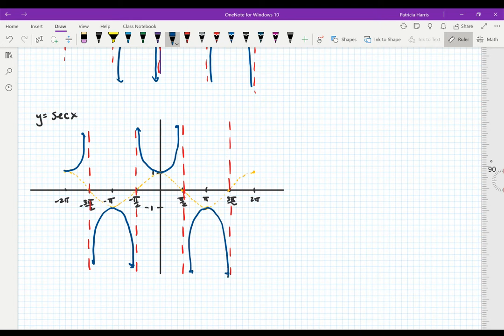The better you are at graphing sine and cosine, the easier cosecant and secant will be. Now let's do something with an amplitude and a period change first, and then maybe in the next video we'll do a phase shift and a vertical shift. But let's keep it simple. Let's just change the period and change the amplitude.